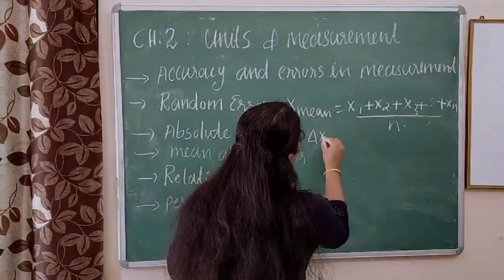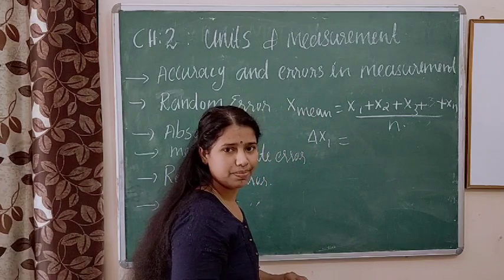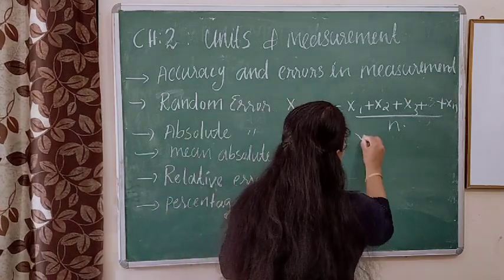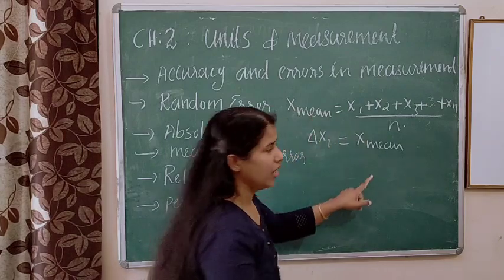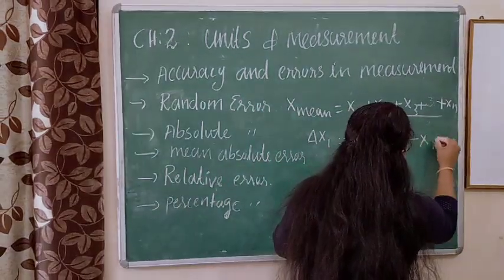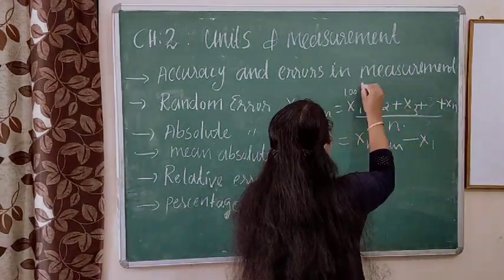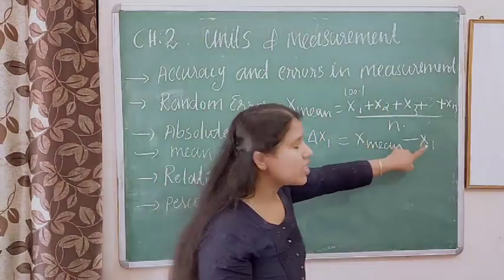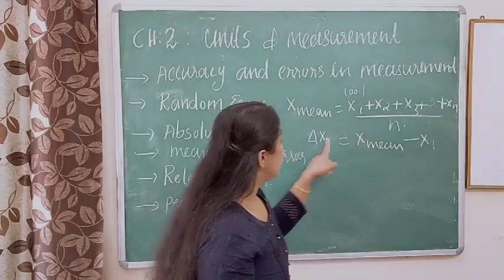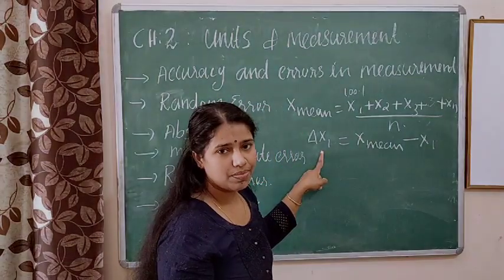First one, delta x1 is x mean minus x1. x1 is 100.1. This is the final answer minus the first one. This is delta x1.